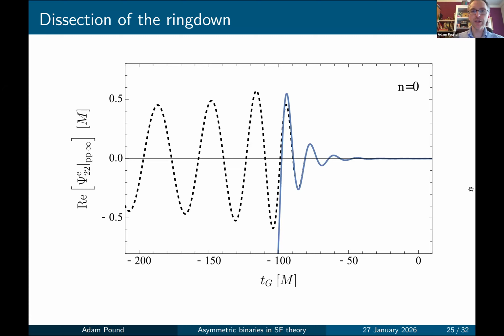I think people in this audience did this first, 2009-ish. So what we are particularly interested in here is how close to the peak can we get? Because there have been claims fairly recently that you can get extremely close to the peak just with a linear superposition of quasi-normal modes.